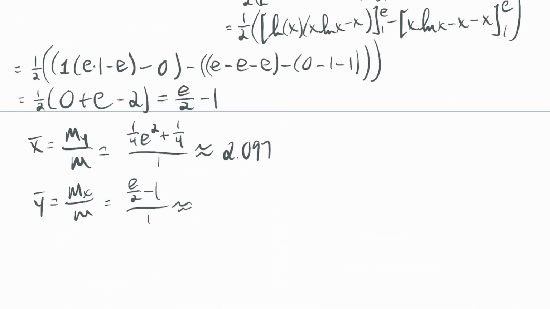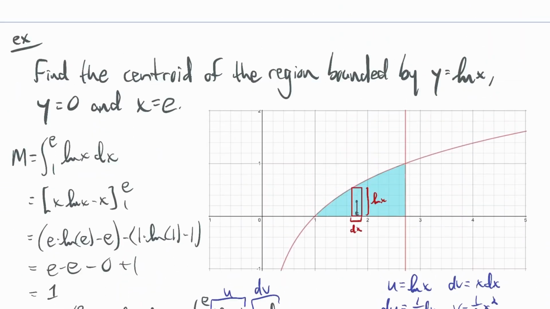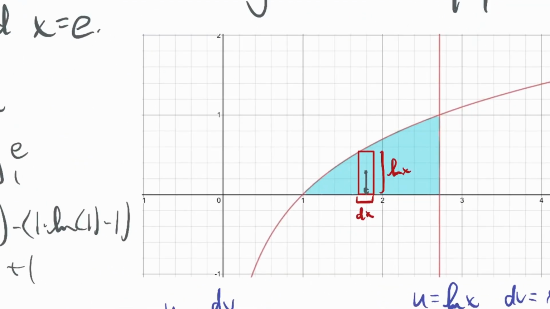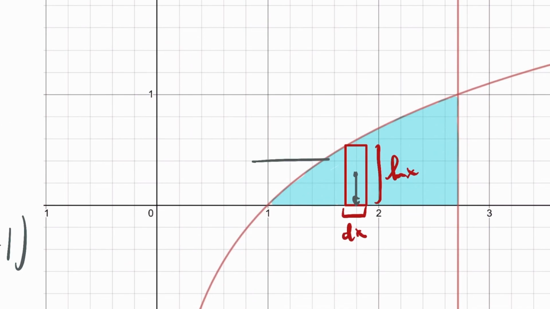I get 0.359. Oh, and by the way, if you have to just do e on a calculator, you do e to the first power, right? The e button automatically forces you to do an exponent. You just do e to the 1. So 0.359. Does that seem right? Well, that is right about here. Yeah, that seems like halfway.